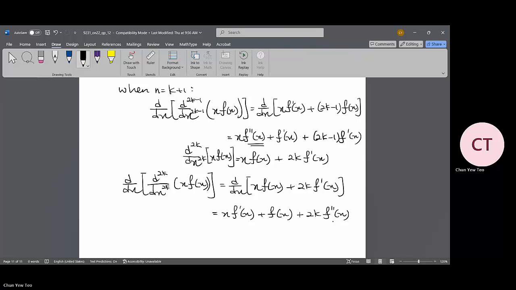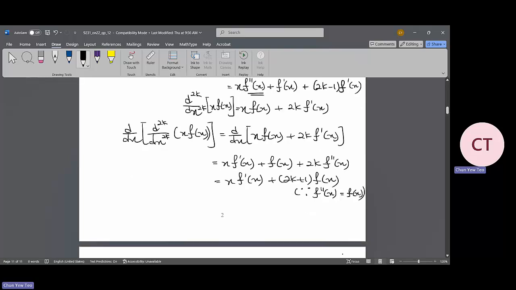Because they told you that f second prime is f, over here we will get this as x f prime plus the 2k plus 1 of f(x), because of the information given. So is it true for n equal to k plus 1?